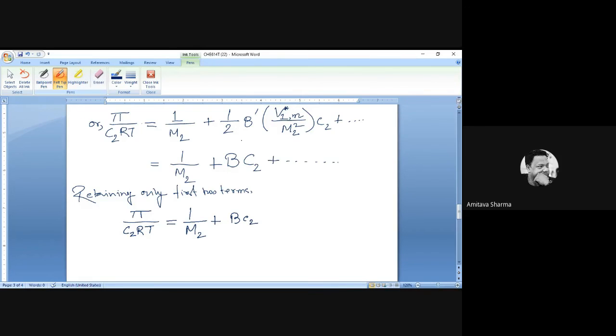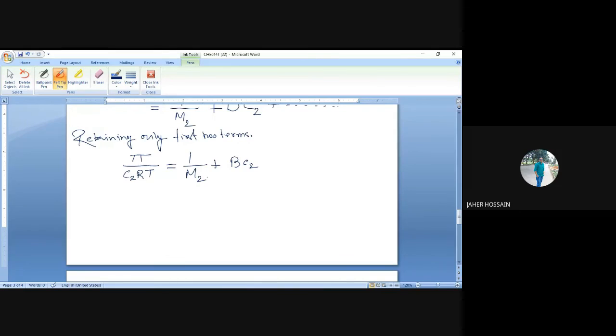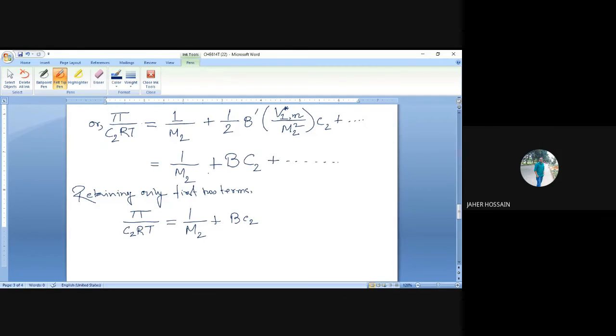This is C2. So retaining only first two terms. Retaining means what? Retaining means I will keep only the first two terms, and the other higher terms will be neglected. I will keep the first two terms only.